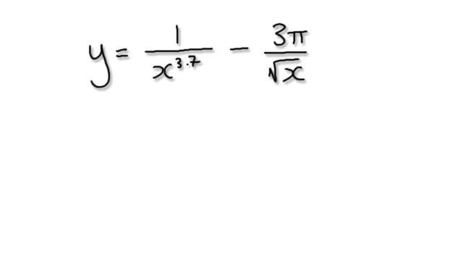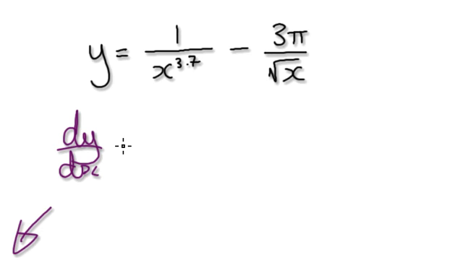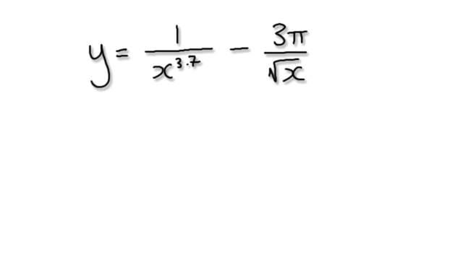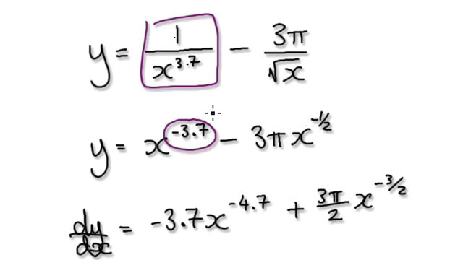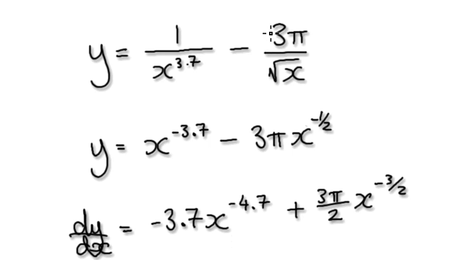Next one here. So y equals this now. So find dy by dx. So press pause and have a go. Okay, so to do this here, again visualize this as to the power of -3.7, and then here visualize this as well.